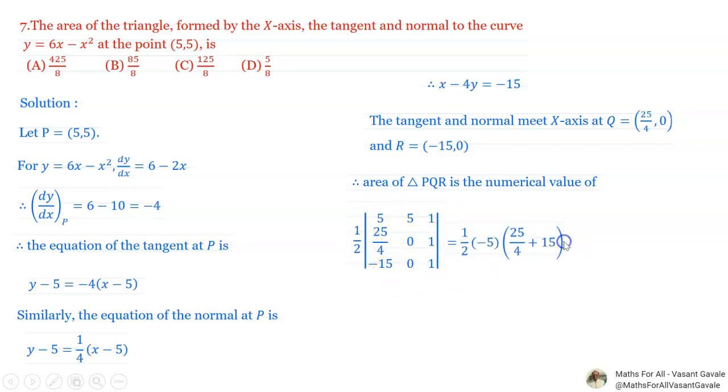If you simplify, you will get its area, and we always take the positive area. Therefore the area of the triangle is 425 upon 8, and hence option A is correct.